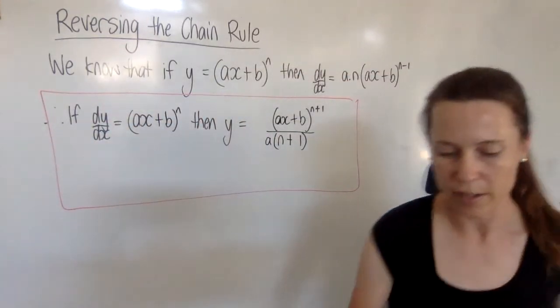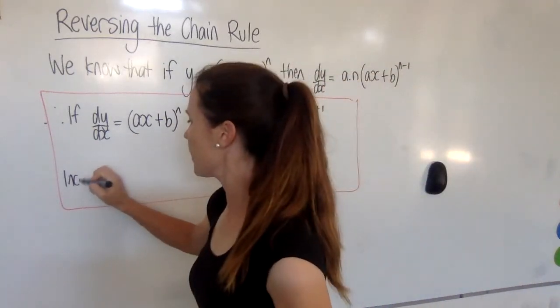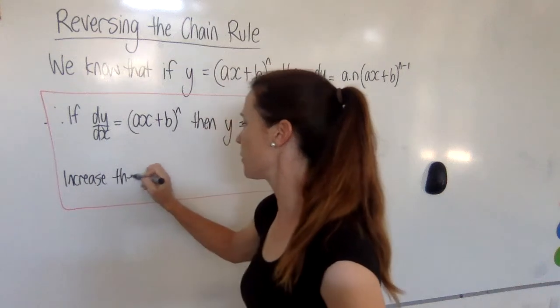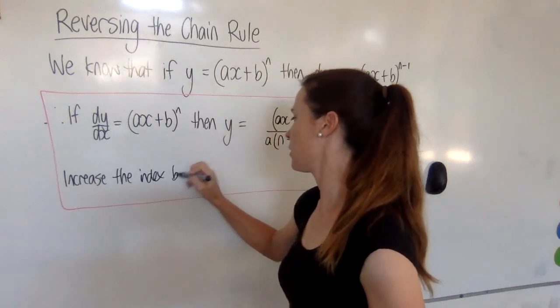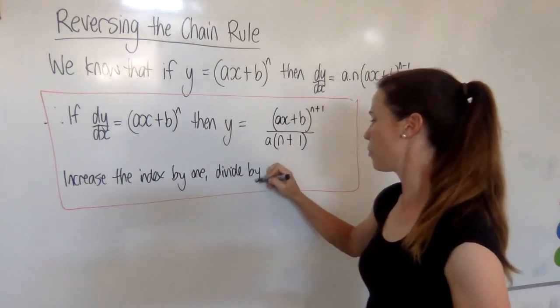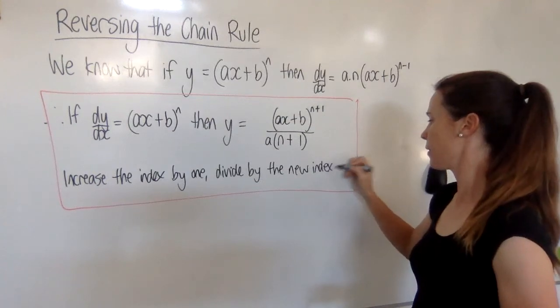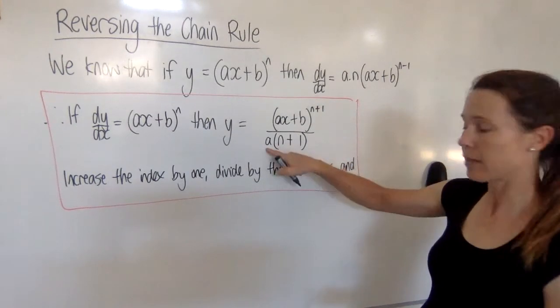And let's also write it in words. So in words, what we need to do is increase the index by 1, and we need to divide by the new index and by this a.